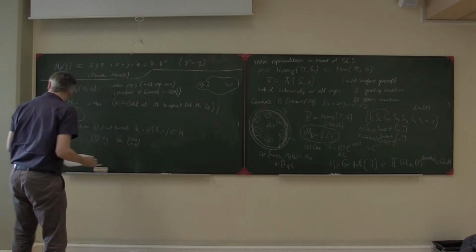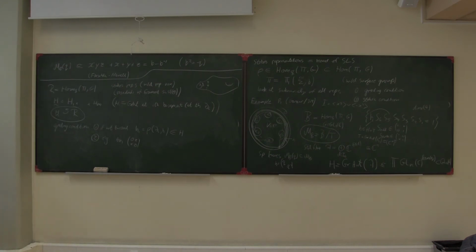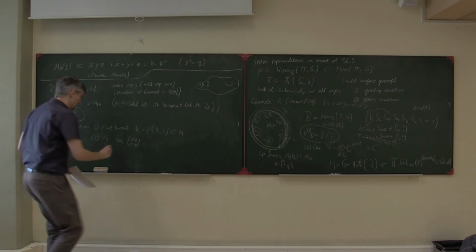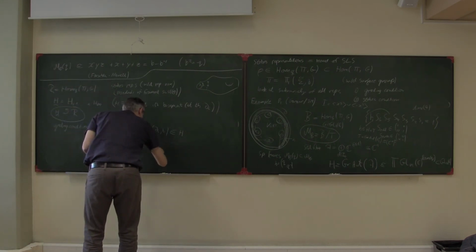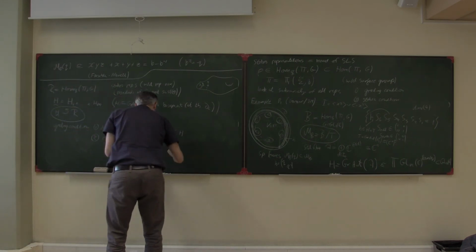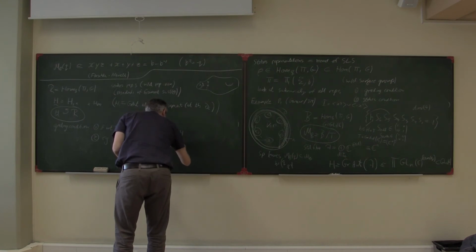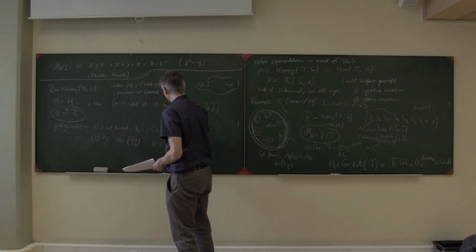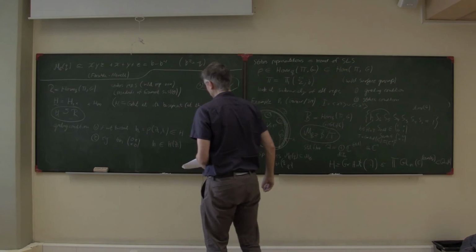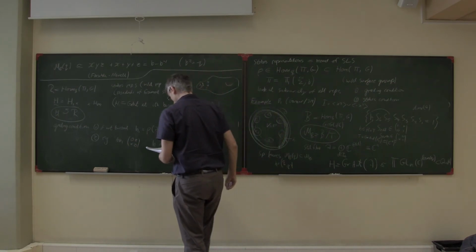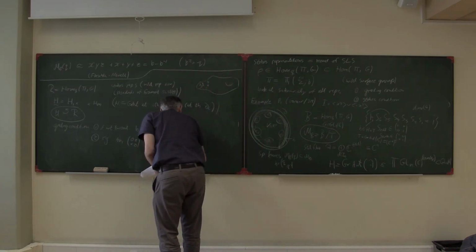And the right way to say that in general is that h_i is in a space which is an H-bitorsor. It's a twisted group, which is H twisted around the boundary. And this can be written out explicitly.